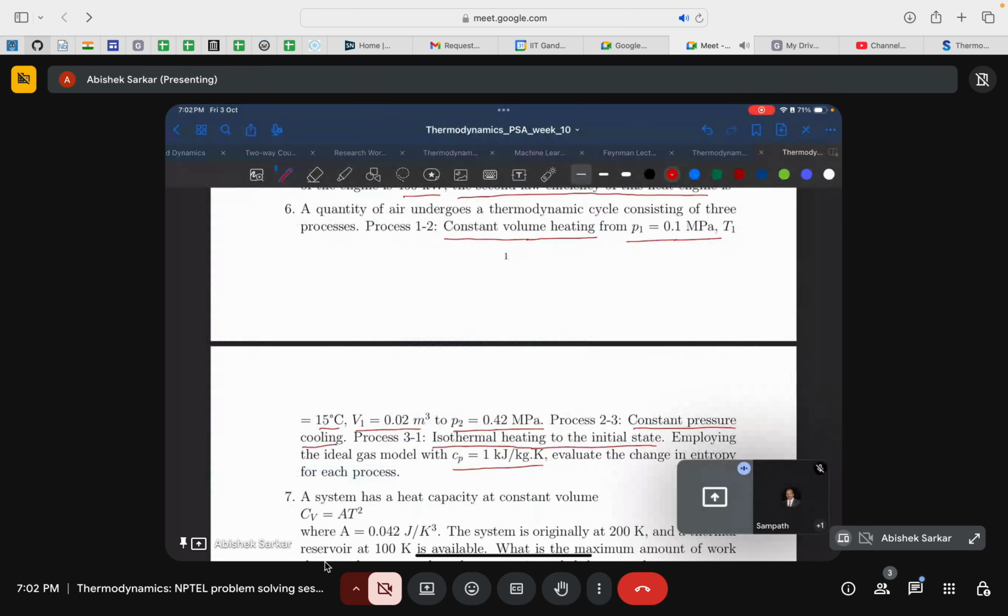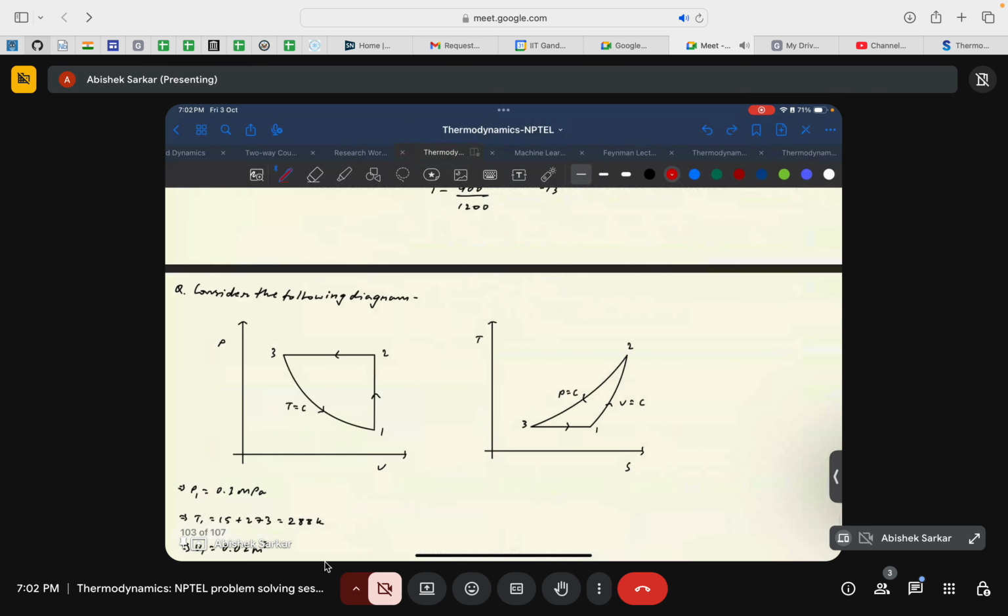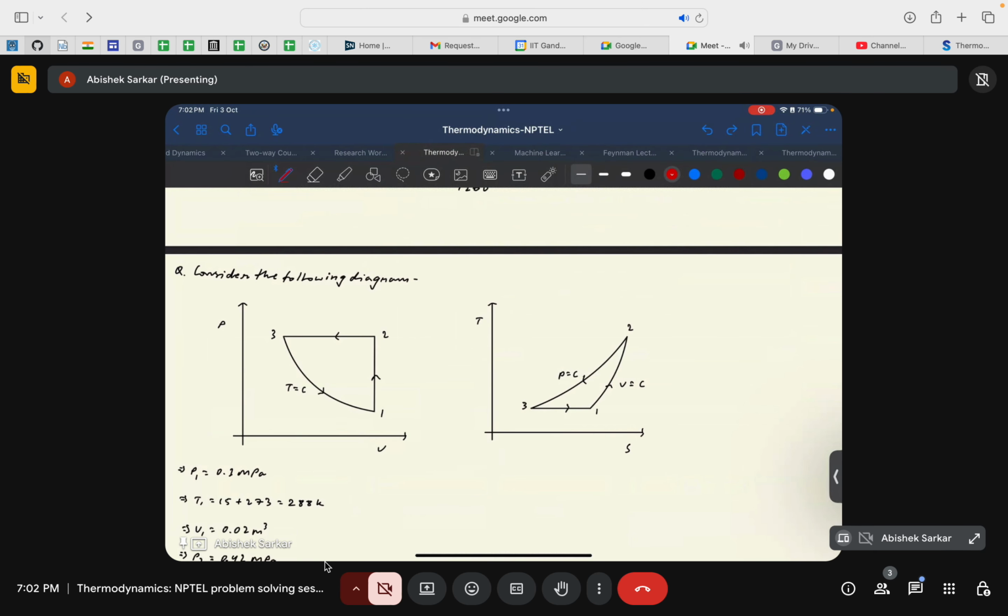Okay, so I think we can proceed with the solution. Let us see how it can be done. The PV and the TS diagram of the given processes can be drawn in this manner.